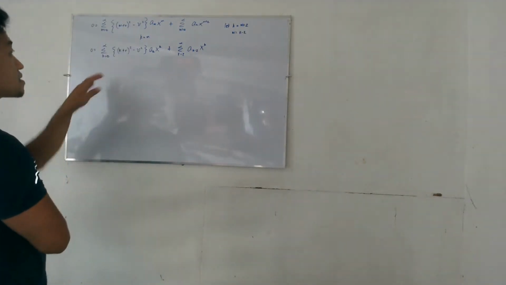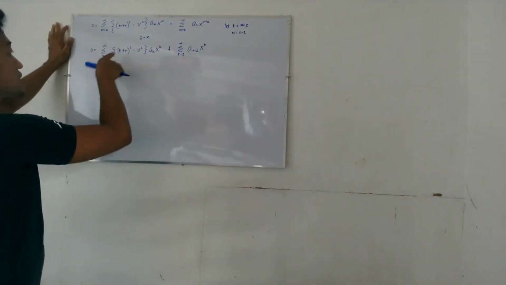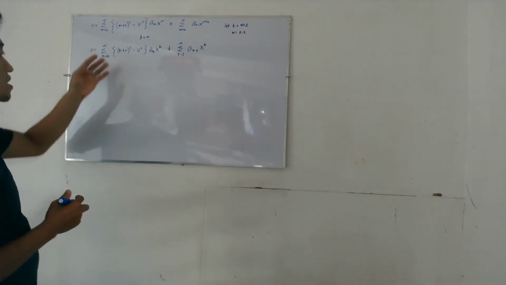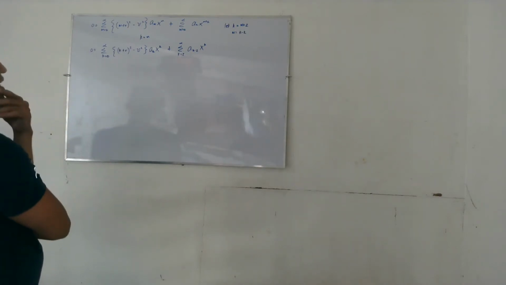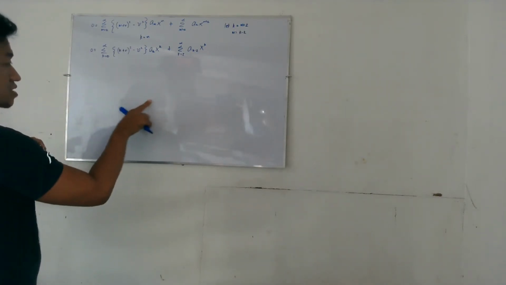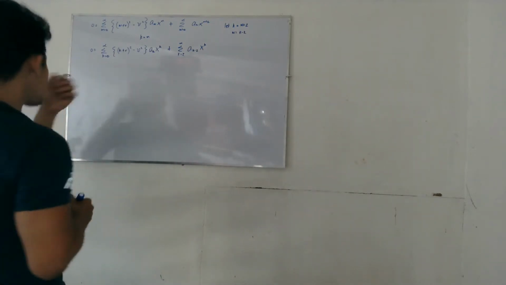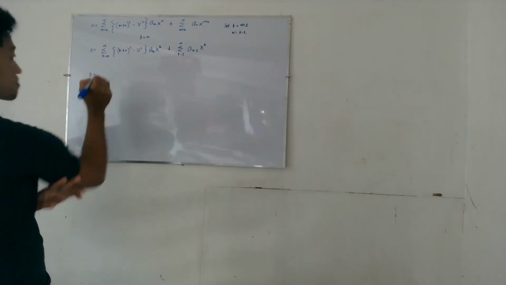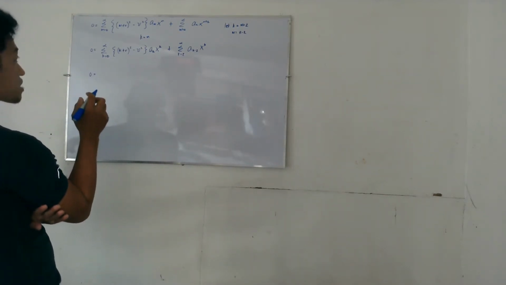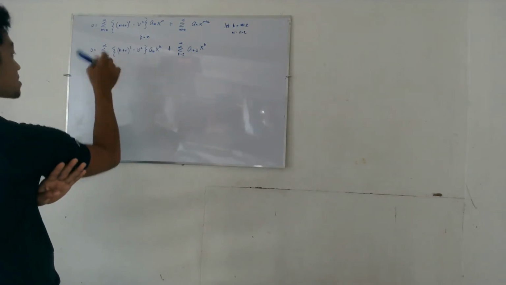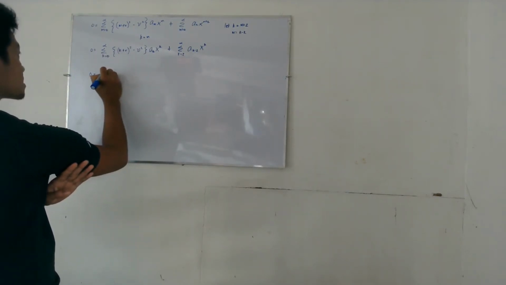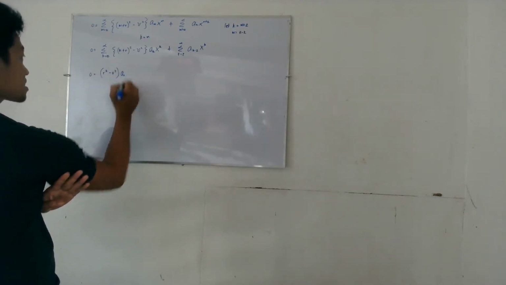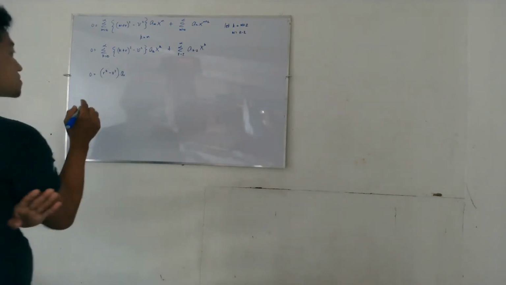Okay, so since the exponent here is 2, we should shift up the index, starting from k equal to 2. So we take out k equal to 0 and k equal to 1. Okay, so when k equals 0, you have r squared minus mu squared, a0 times 1.